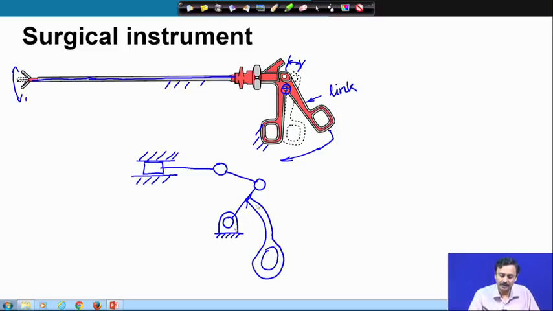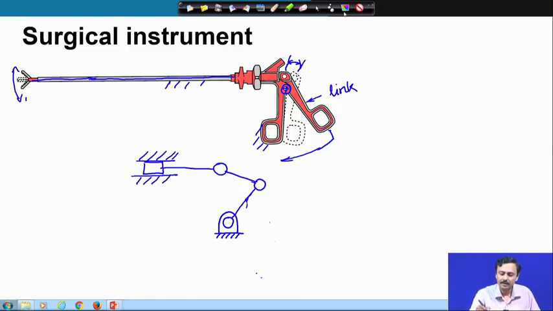This link is the hand grip, and there is this additional link which connects through another revolute pair to the rod that transmits the motion. So, I actually need not draw this at all. So, this is our kinematic diagram.